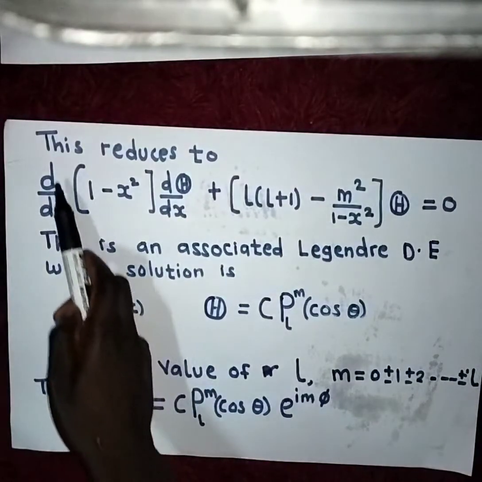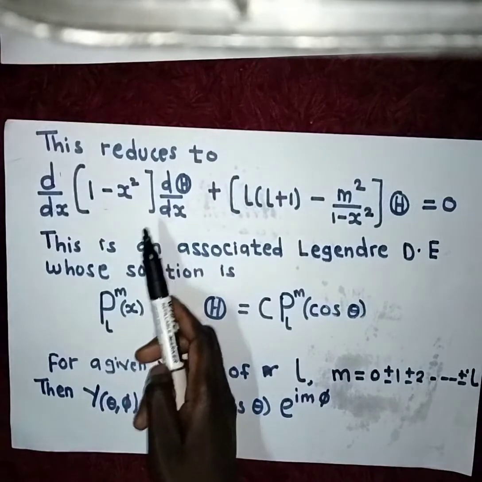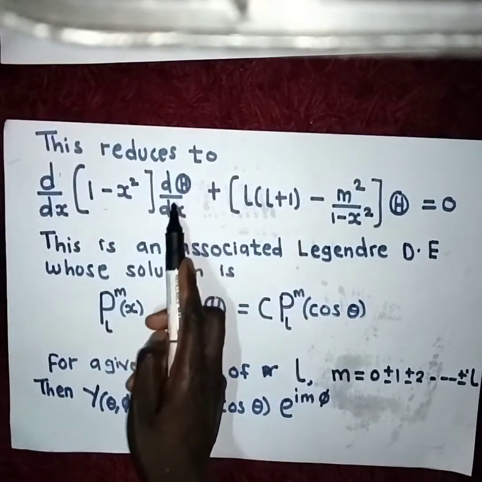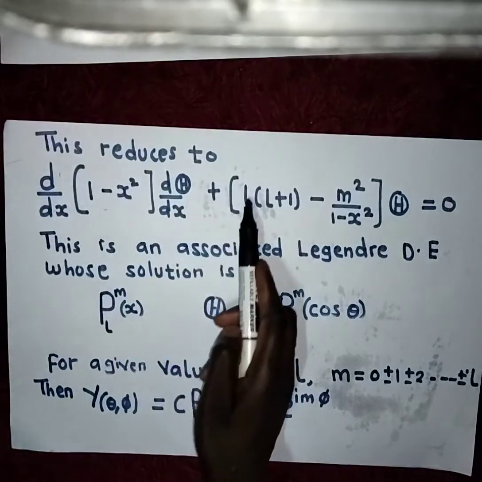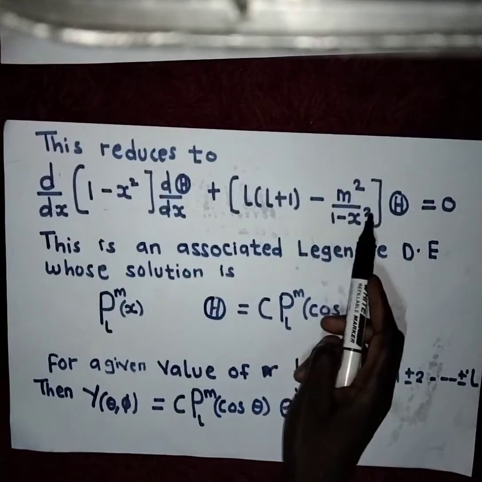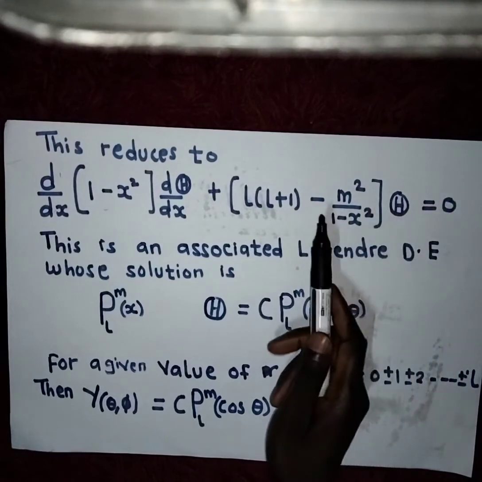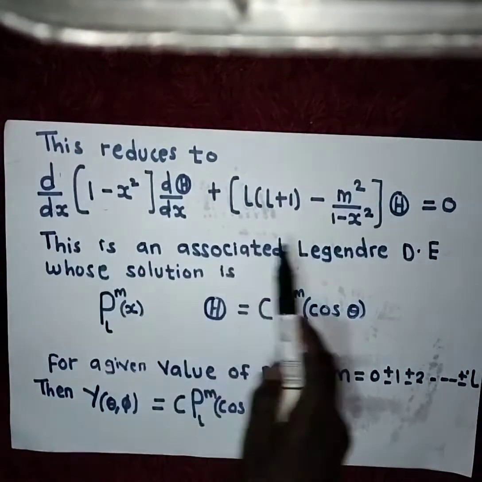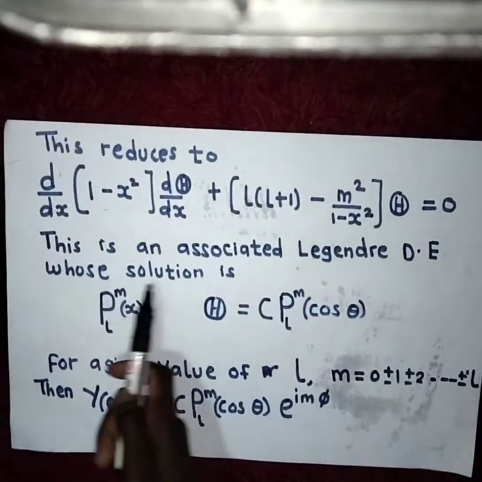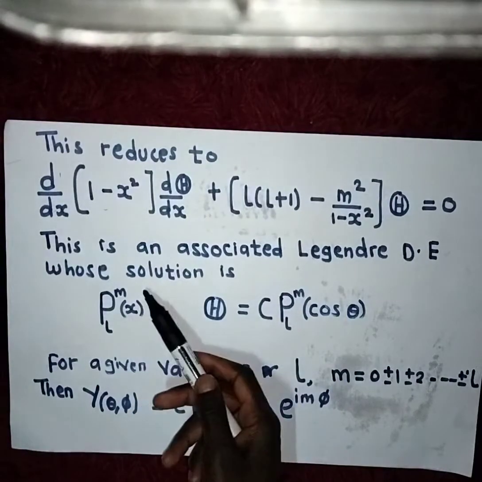I'm going to have d dx into 1 minus x squared. Remember, sine squared is the same as 1 minus x squared. d theta over dx plus L into L plus 1 minus m squared over 1 minus x squared into theta being equal to 0.